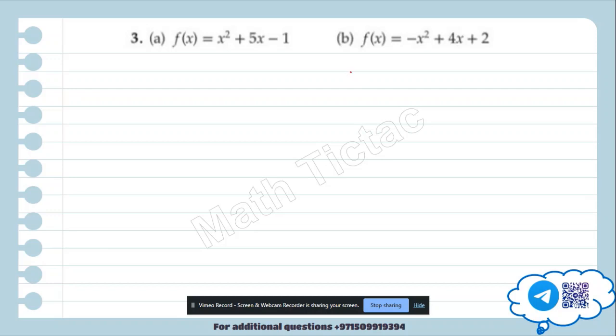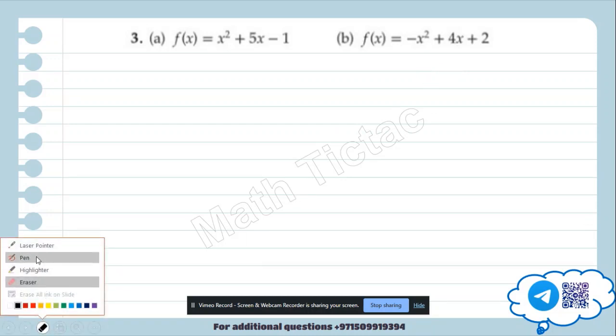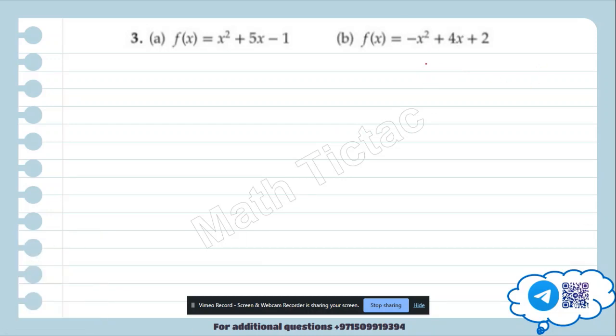Now we have actually steps for solving this question. So let me just write them. Steps for solving this question.